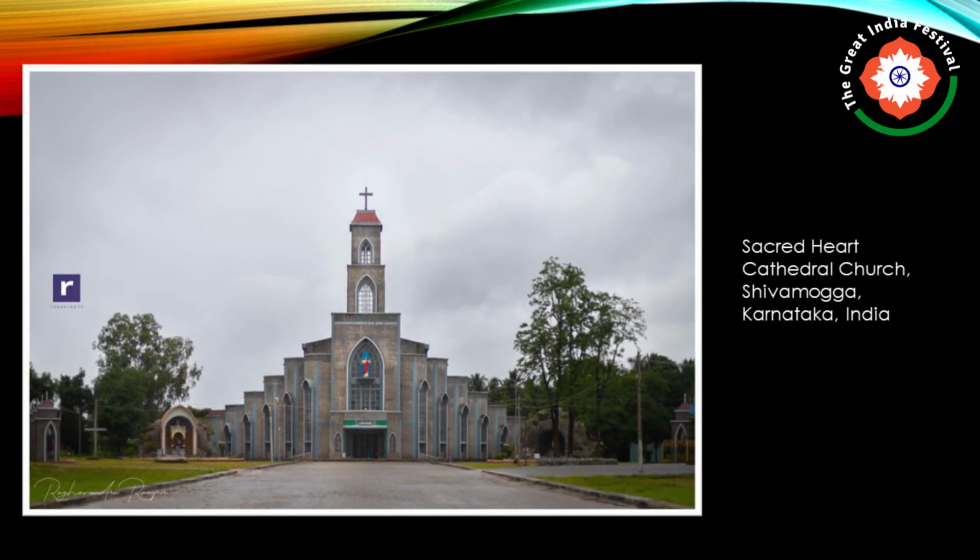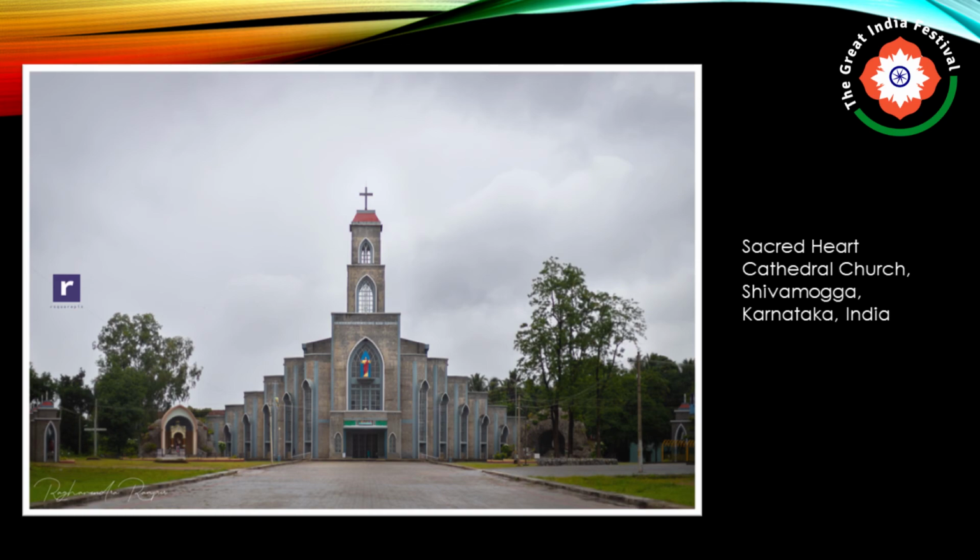So this next photograph is the Sacred Heart Cathedral. This is in Shivamogga, a place in Karnataka state in India, and this is the second largest church in India. The Sacred Heart Church is a fine example of the architectural marvel of Shivamogga.